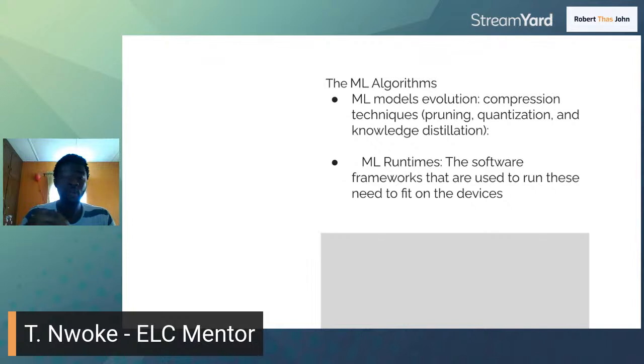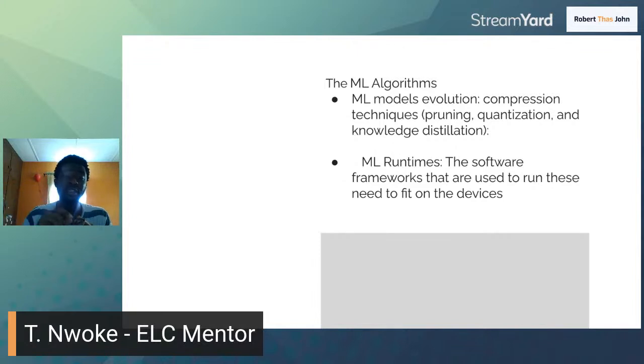But when it comes to running machine learning models on tiny devices, we can't fit those large frameworks on these devices, because there are a lot of things we don't even need there. There are a lot of libraries we don't need from those frameworks.